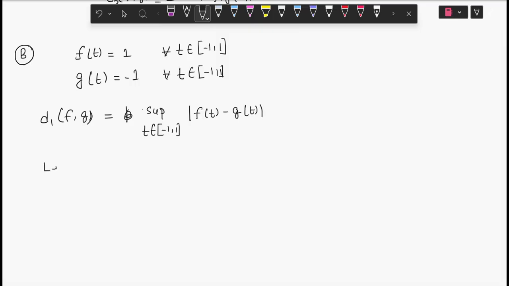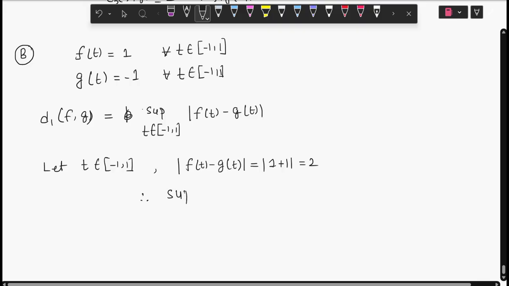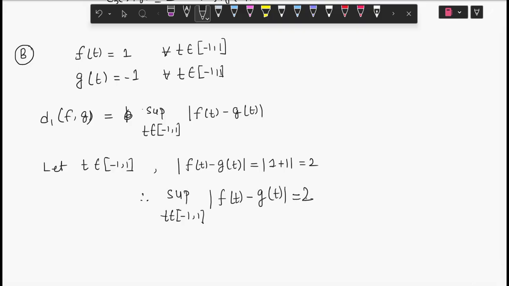So let t belongs to minus 1 1, then the value of ft minus gt is equal to 1 minus of minus 1, so 1 plus 1 which is equal to 2, and hence supremum of t belongs to minus 1 1 mod of ft minus gt would be 2, right?